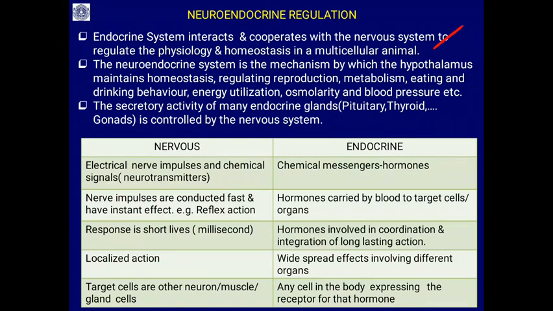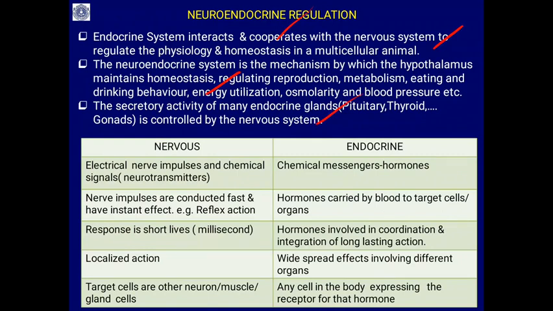The neuroendocrine system is the mechanism by which the hypothalamus maintains homeostasis, regulating reproduction, metabolism, eating and drinking behavior, energy utilization, osmolarity, blood pressure, etc. All these are regulated by the nervous system and endocrine system. The secretory activity of the endocrine glands is also controlled by the nervous system.